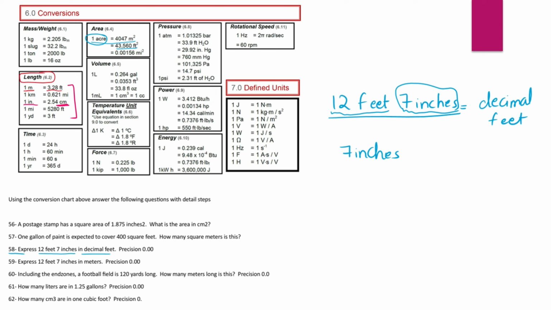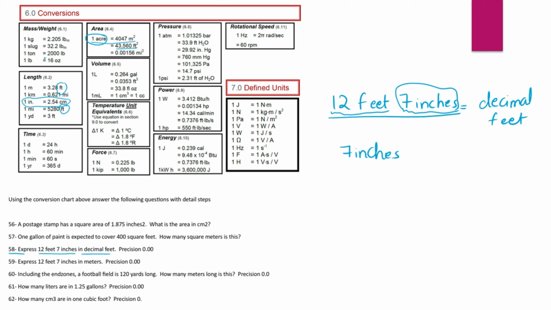So we need to find how many inches there are in 1 foot. Let's go to the table quickly. In the table we have lengths. They have written 1 meter equals 3.28 feet, 1 inch equals 2.54 centimeters, you can see here, right?